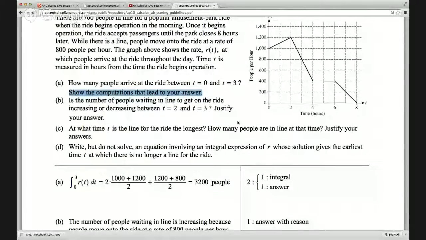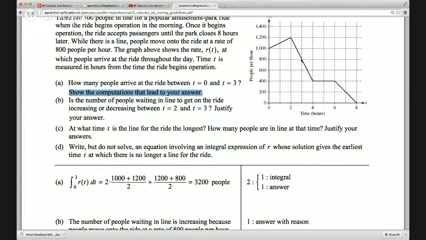Okay. Is the number of people waiting in line to get on the ride increasing or decreasing between time t equals 2 and t equals 3? Justify your answer. Okay, so between here and here, is the number of people waiting in line increasing or decreasing? It says that when there is a line, people move onto the ride at a rate of 800 people per hour.